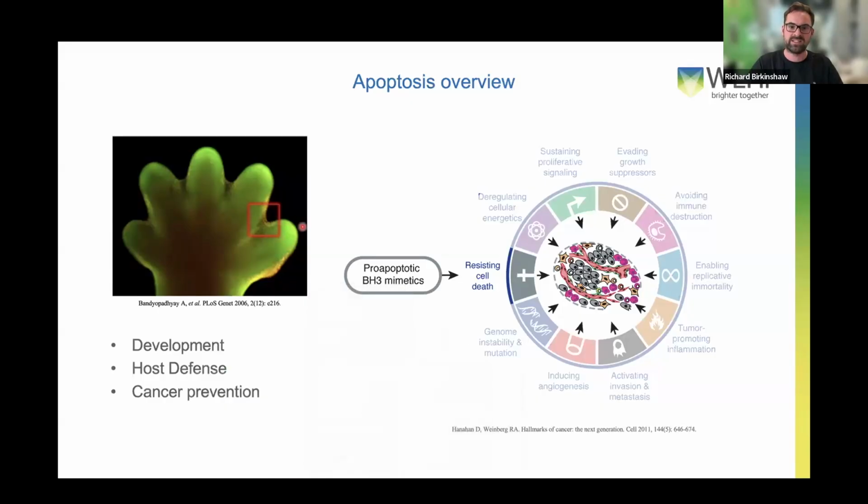Here, the red cells are cells that are undergoing apoptosis and are slowly dying. It's an essential process for multiple things, including host defense against pathogens, and also in cancer prevention. This is why we're particularly interested in it, because we now have approved therapies that target apoptosis, specifically the BCL2 family of proteins, these pro-apoptotic BH3 mimetics.